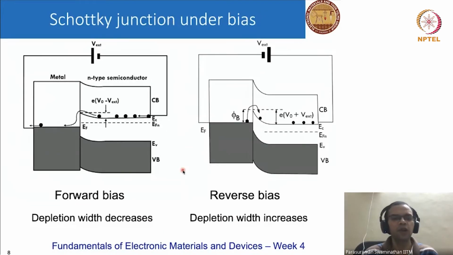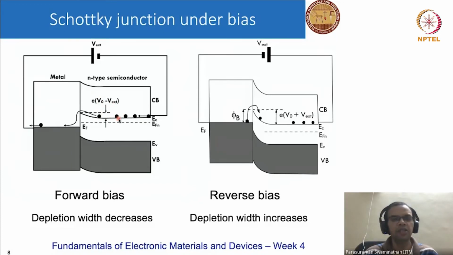We can apply two kinds of bias. The first is called forward bias, in which the metal is connected to positive. The n-type semiconductor is connected to negative. In this case, the external potential tends to oppose the built-in contact potential. So this means the overall potential is reduced. It is V0 minus V external.